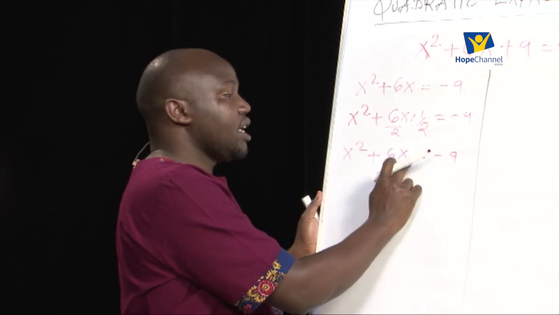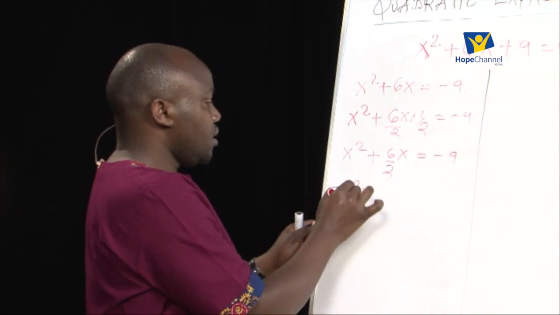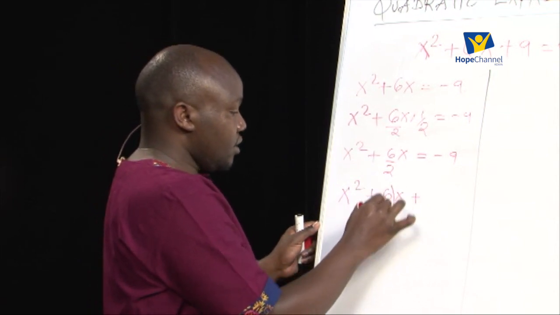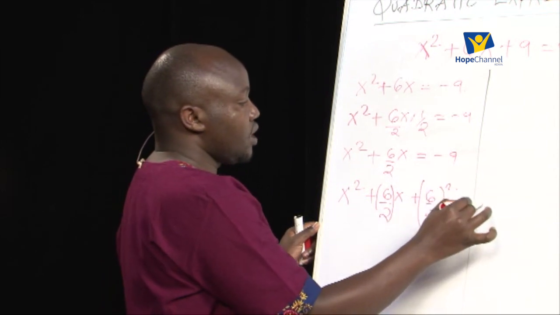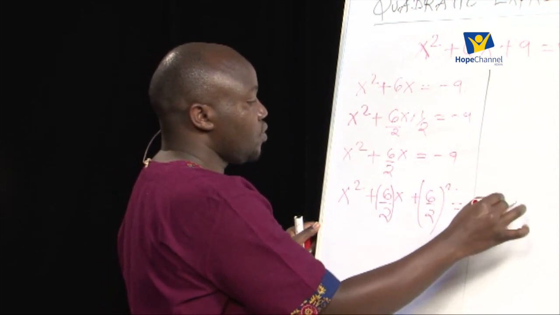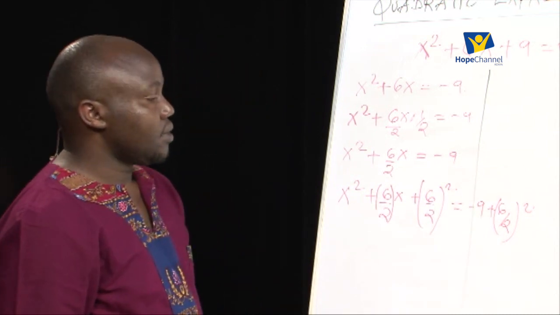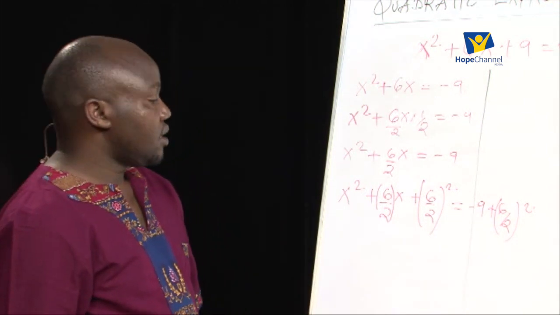The third rule is you square the coefficient of b and add it on both sides. Add before the equal sign, add after the equal sign. So I'm going to have x squared plus 6 over 2 x, add the square of this, which is 6 over 2 squared, is equal to negative 9 plus 6 over 2 squared. Okay, now I've already added on both sides. Then we proceed.